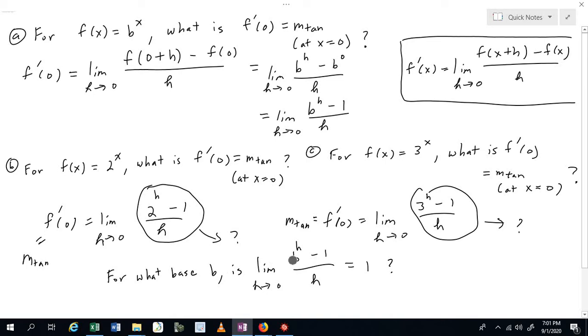So we're trying to figure out what base b we would need in order for this particular limit to actually equal 1.